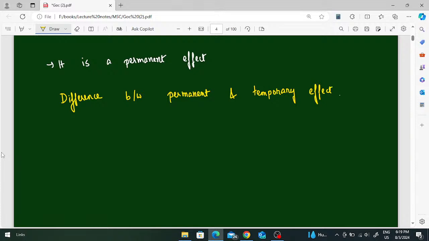In permanent effect, there is a permanent delocalization of bond, whereas in temporary effect, slightly, sometimes there is a delocalization.